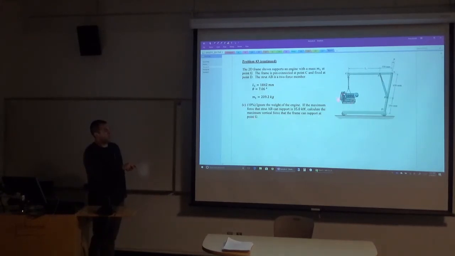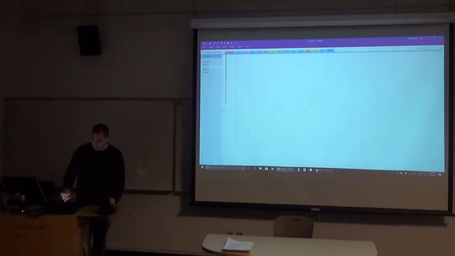So it's saying ignore the weight of this engine, pretend it's not there, and if the maximum force in this member AB is 35 kilonewtons, how much force can I apply at point G to arrive at that maximum force in AB? All right, so we'd go back to our free body diagram for that.